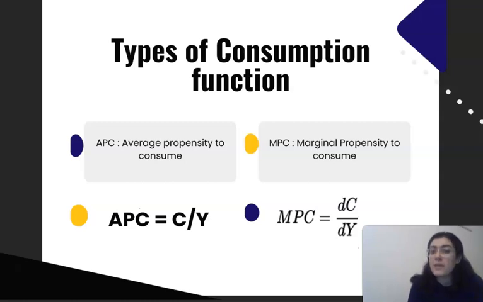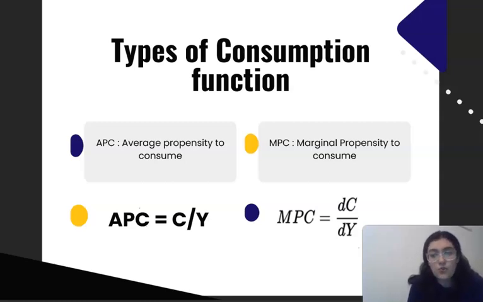Now we come to the types of consumption function. We have two types: average propensity to consume and marginal propensity to consume. Average propensity to consume is consumption upon income. This is the formula for APC: consumption expenditure upon income.